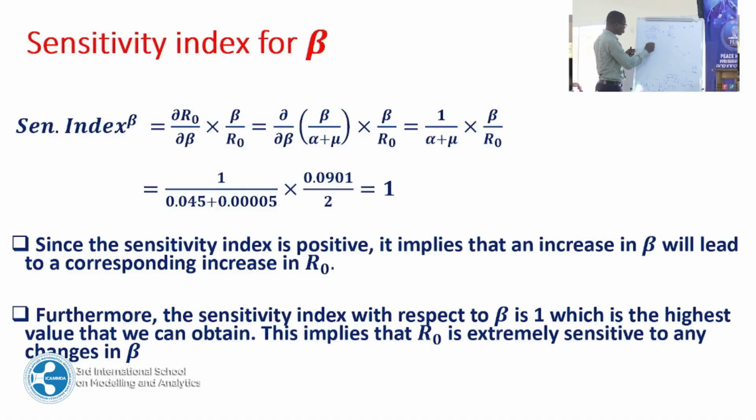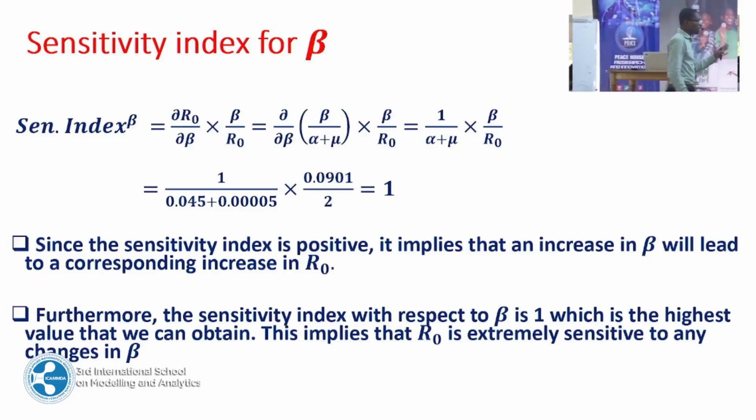So my R naught is beta over alpha plus mu. So how do we differentiate this guy partially? What will it give us? How do we do it? We are differentiating with respect to beta, so you keep other parameters, other independent variables, constant.